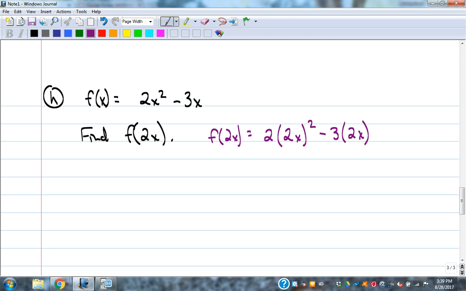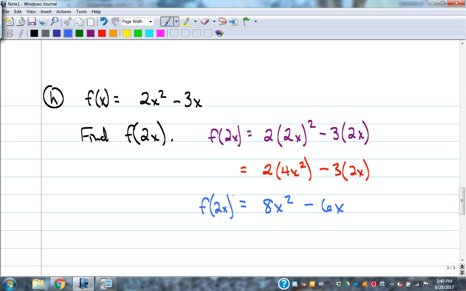So 2x times 2x would be 4x squared. Technically I'm not doing that step yet. I could, but I don't have to. After we've done exponents, it's multiplication, division, left to right. Those are the same level. So multiplying first, 2 times 4x squared is 8x squared. And then negative 3 times 2x is negative 6x. And we found f of 2x. Can't combine those because they're not like terms. One of them's x squared, one's plain x. Can't put them together.